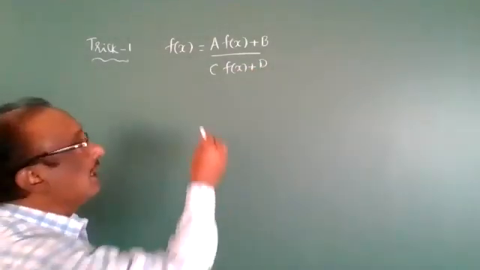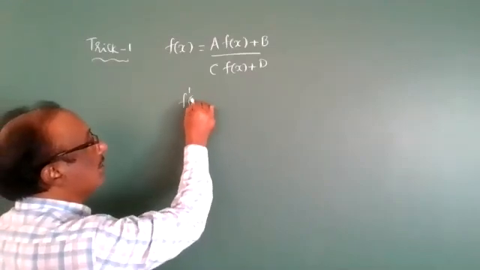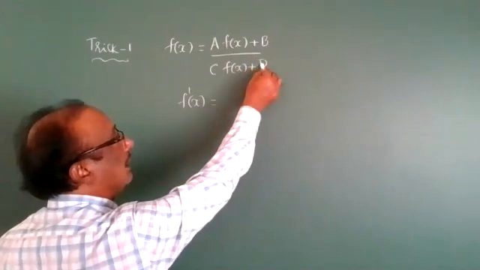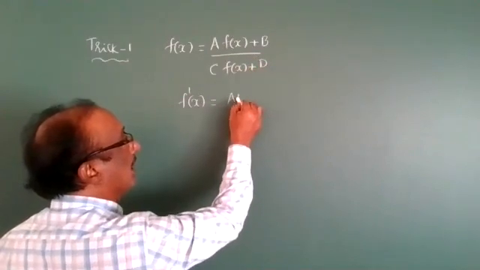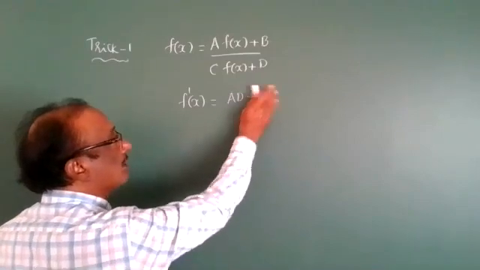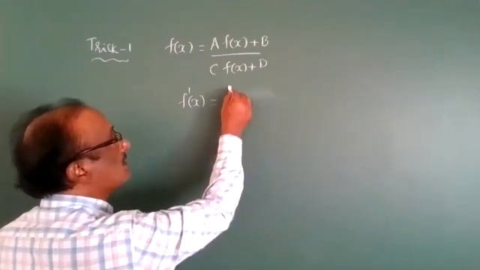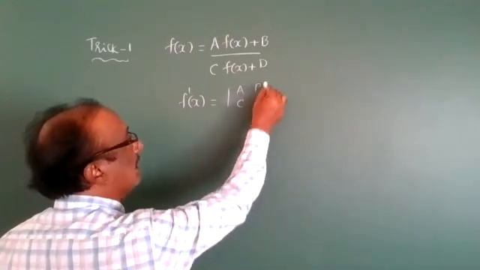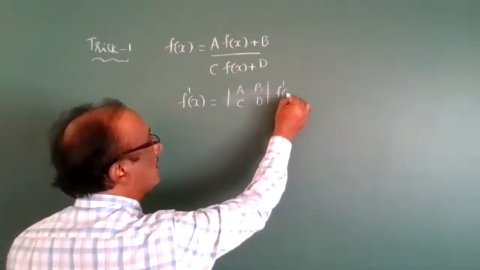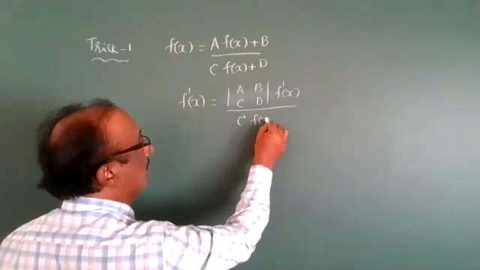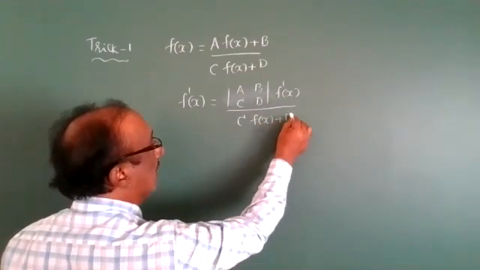Simple method is f dash x is equal to the direct derivative: AD minus BC, the determinant of the constants ABCD, into f dash x by the denominator square, c into f of x plus d whole square.